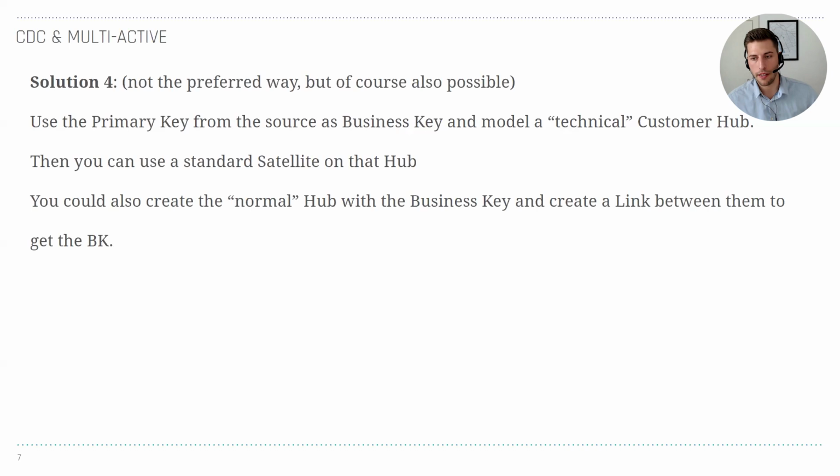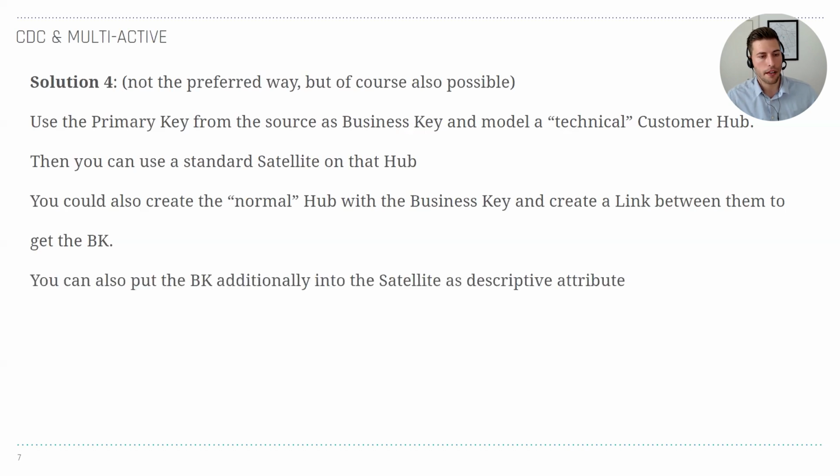So this is usually a one-to-one relationship, right? And to resolve, based on the technical key, what's the real business key, you simply join into the real business key hub. And you can also just put the business key additionally into the satellite as a descriptive attribute.